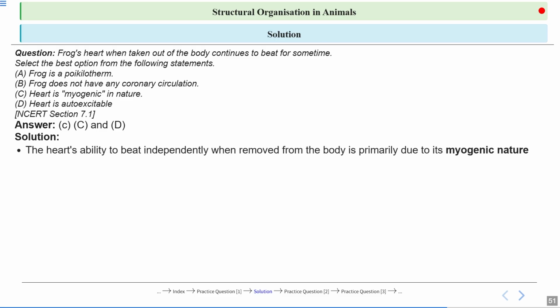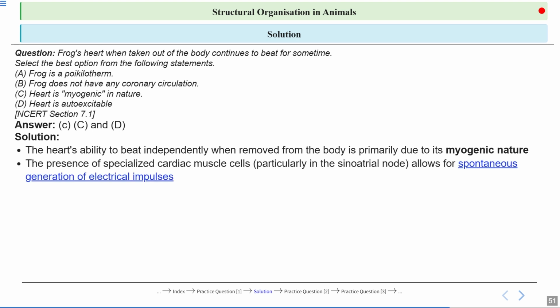The heart's ability to beat independently when removed from the body is primarily due to the myogenic nature. The heart is having a myogenic nature. It is having the auto-excitability. The presence of a specialized cardiac muscle, particularly the sinoatrial node, allows the spontaneous generation of electrical impulses. It can produce its own electrical impulse.